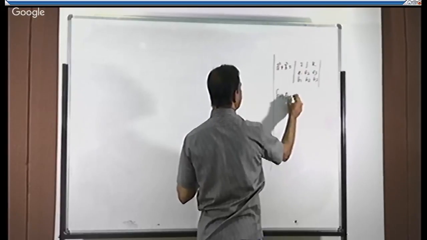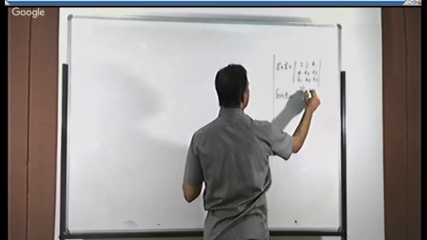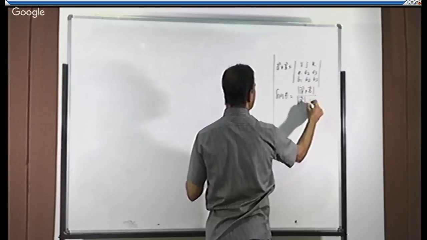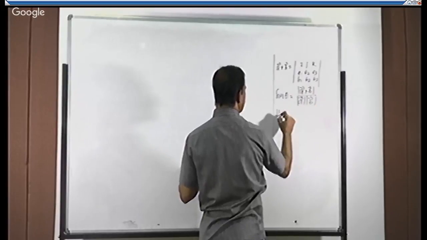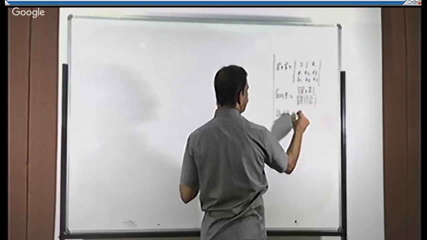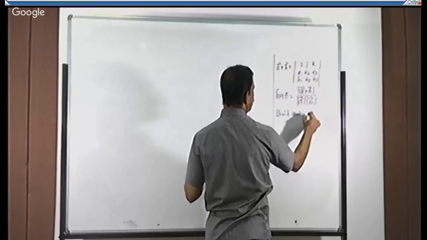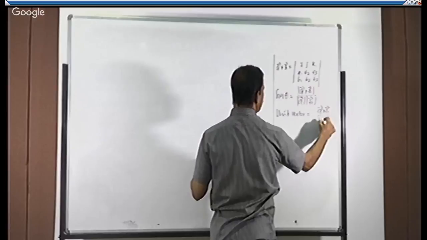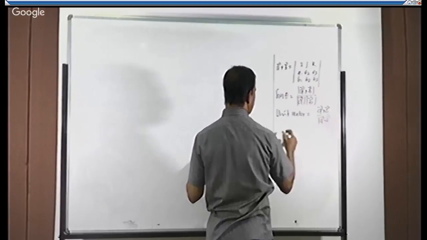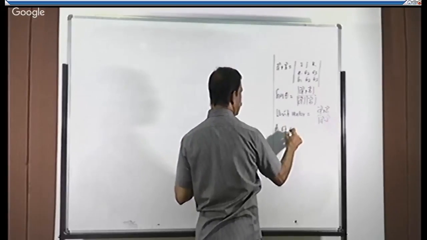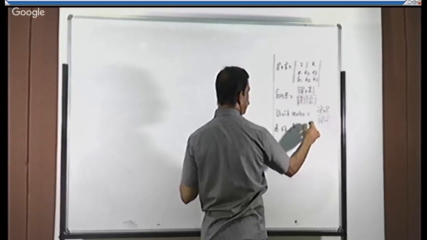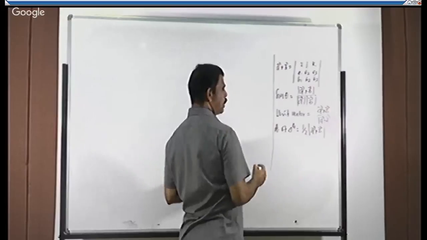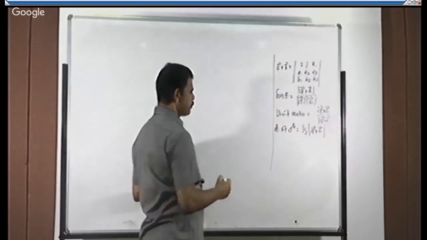Sine of angle is equal to magnitude of A cross B divided by magnitude A, magnitude B. Unit vector perpendicular to both A and B is vector A cross B divided by magnitude of A cross B. Area of triangle is equal to what? Half into magnitude of A cross B. What are A and B? A and B are any two sides.